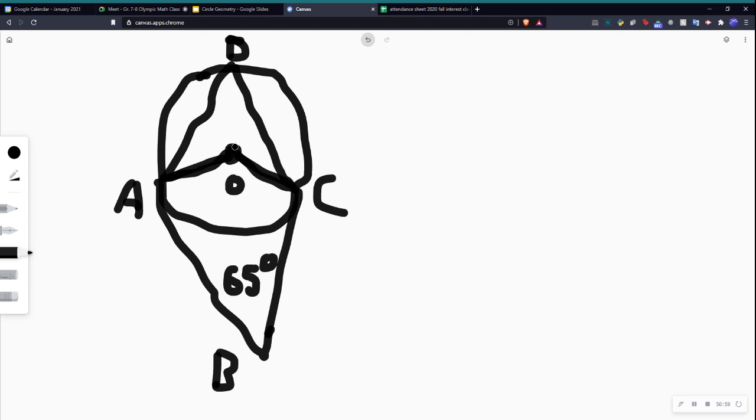So AO is a radius, and OC is also a radius. This means that angles OAB and OCB are both 90 degrees. Now we want angle AOC, so this is the angle we're aiming for.